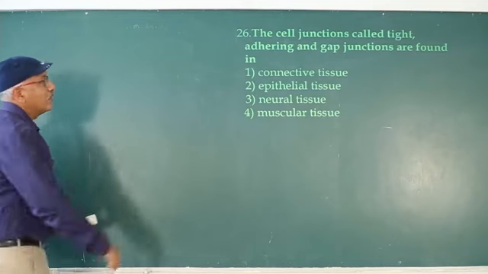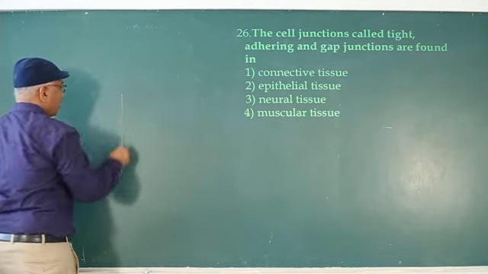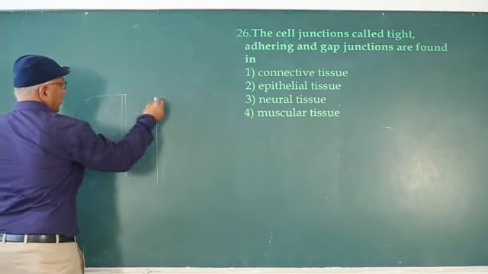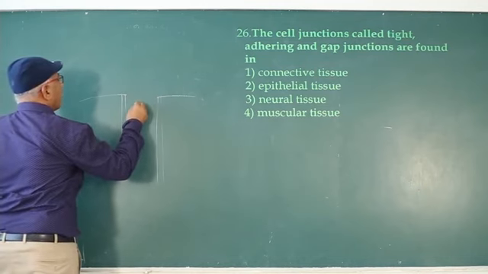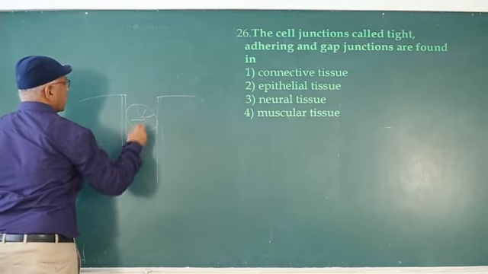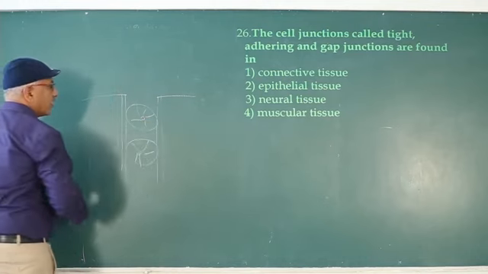Now we discuss what are tight, adhering and gap junctions. Here is one cell's plasma membrane, double walled, and here is another cell. What is a tight junction?